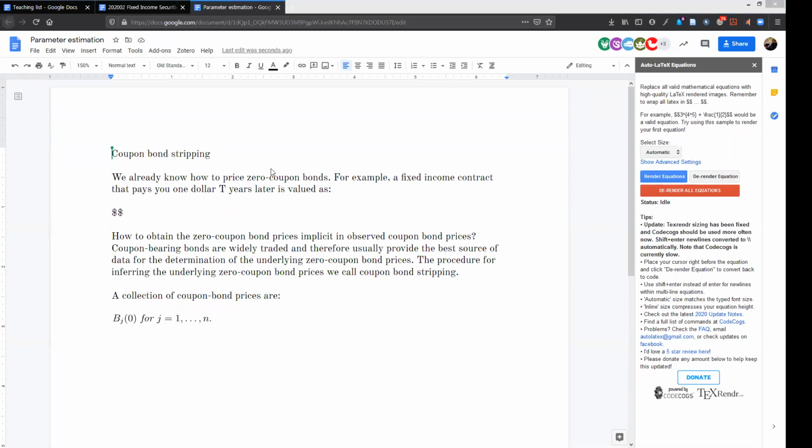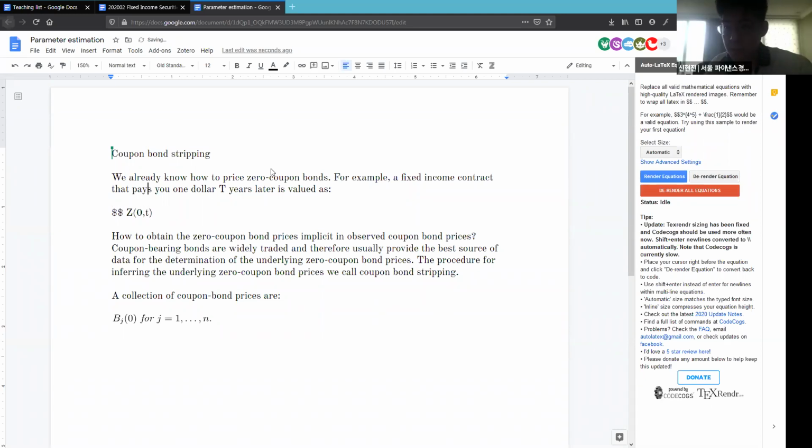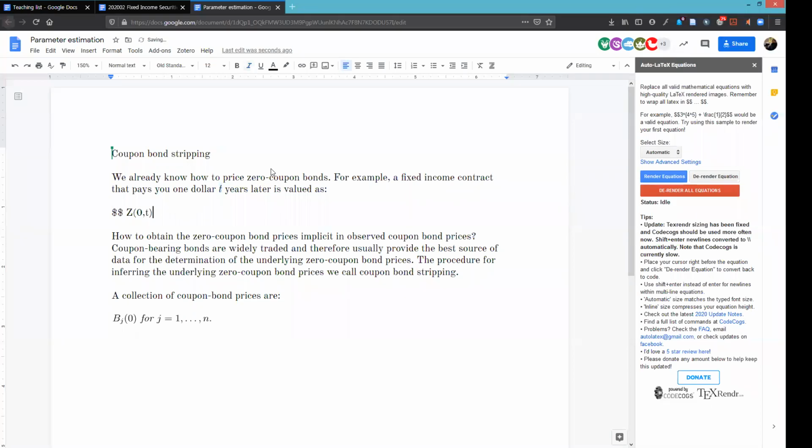Let's say Z because it is a zero coupon bond. So Z(0, t), let's use small t. The value of $1 paid t years later is basically $1 multiplied by e to the power of minus rt.